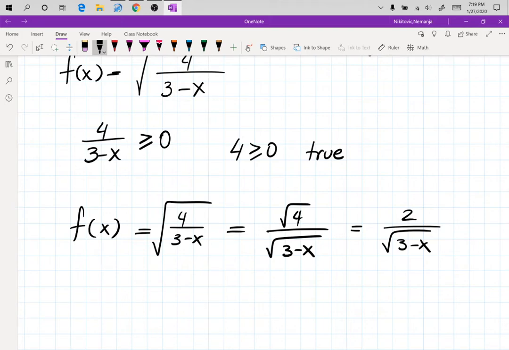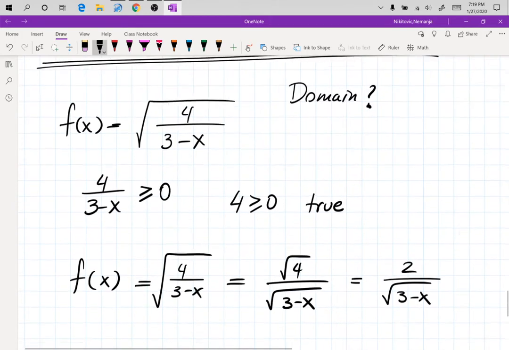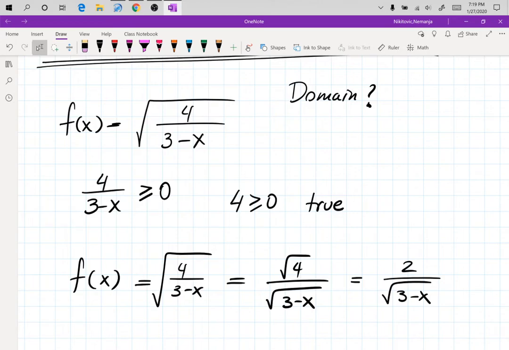See? We use the red rule up there immediately. It gave us a true statement, but we still know that 7 doesn't work, right? Because 7 would give me negative 4, and then the whole thing under the square root would be negative 1, and I know that it doesn't apply. So I'm not happy, right?